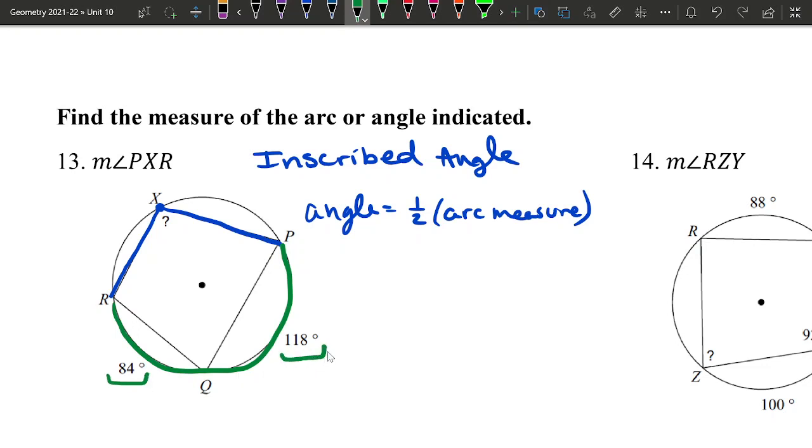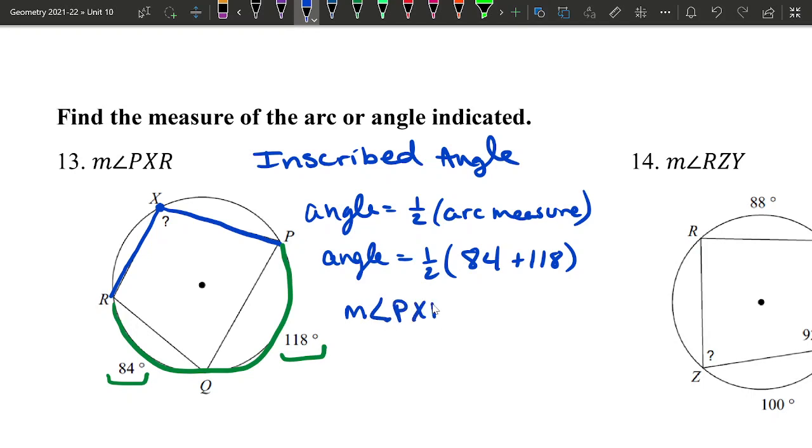So if I add those two numbers together, and then divide it by 2, that gives me the angle. So the angle equals 1/2 of 84 plus 118. So the measure of angle PXR equals 101 degrees.